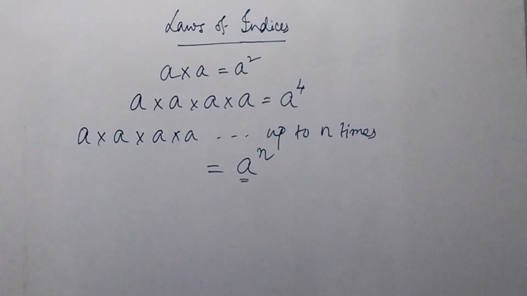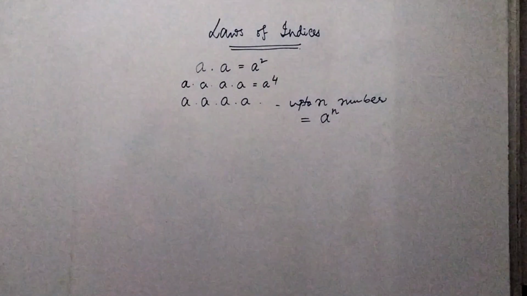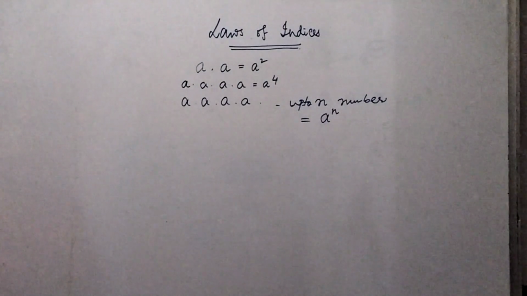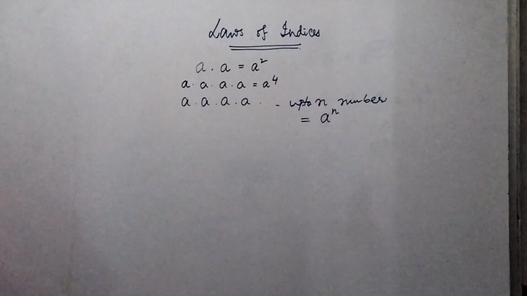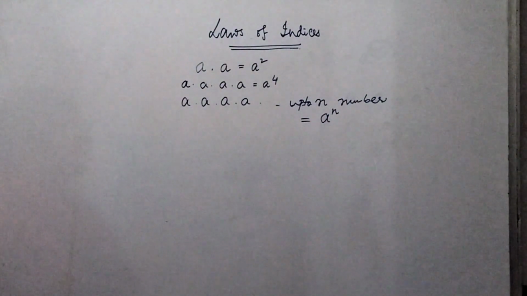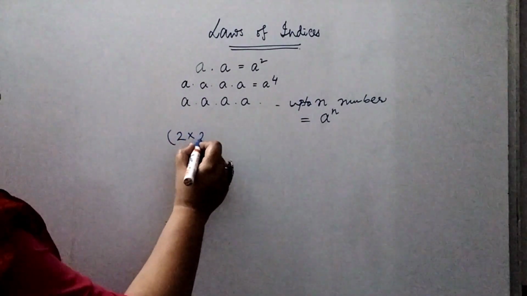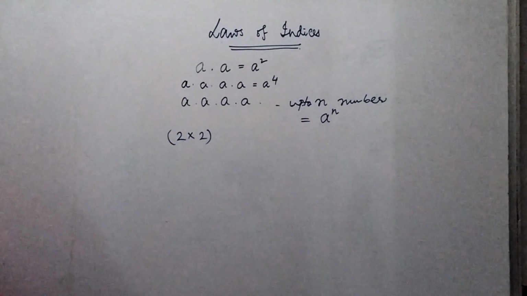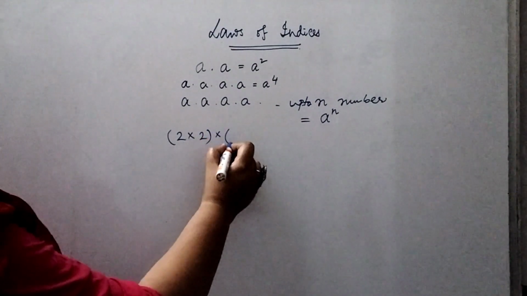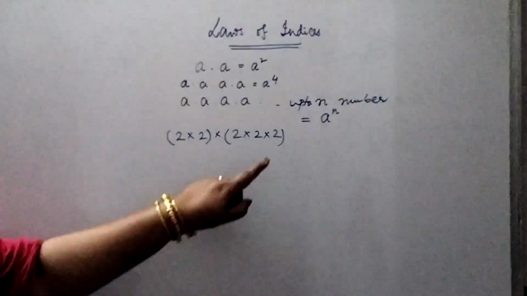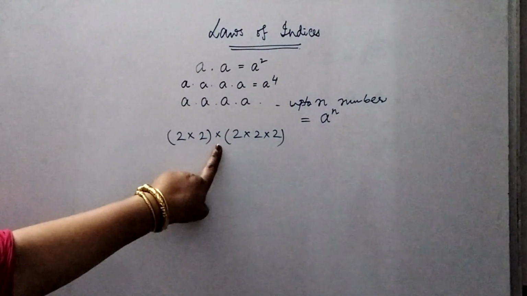Now let's discuss the laws of indices. So representation of a number or a variable in the index form is clear to us. Now let us consider an example. Suppose in one bracket I am taking two 2's in the product form, and in another bracket I am taking three 2's, and these two brackets are in the product form.